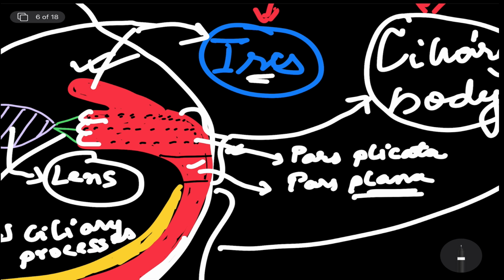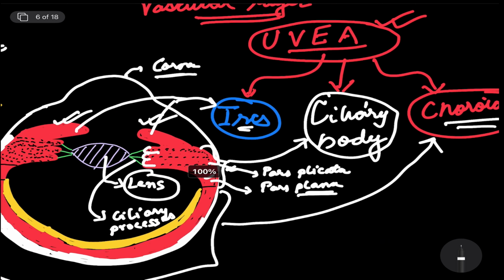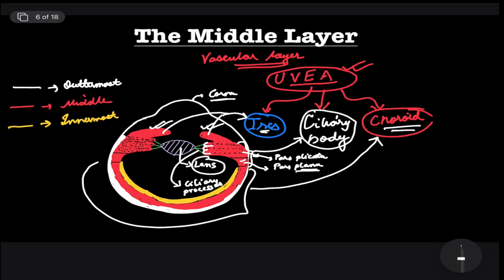Done? Done. Now, let's move on to the last layer, which is the yellowish portion over here, the innermost layer. The innermost layer is known as retina. As you can see, retina is not a complete layer.